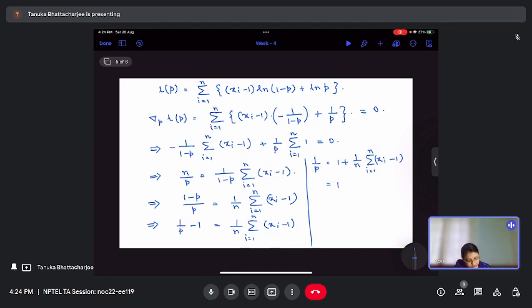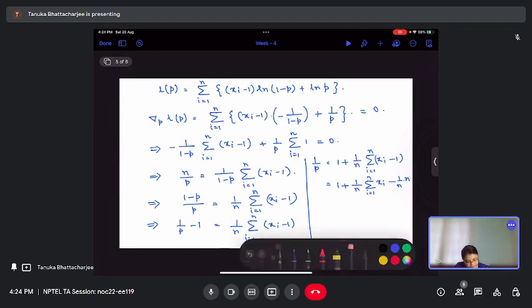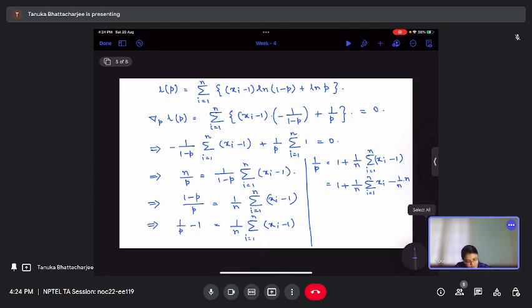You can further simplify this. So this is basically 1 by n summation i equal to 1 to n xi minus 1 by n into n, because here also there is a summation i equal to 1 to n over 1, so that will give rise to n, and we have 1 by n. So this will basically become 1 by n summation i equal to 1 to n xi.